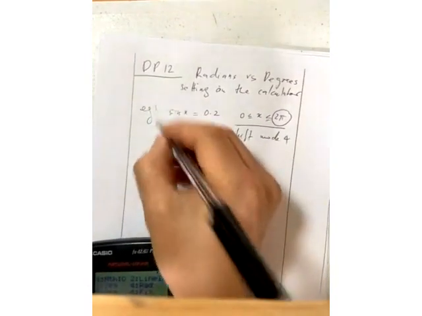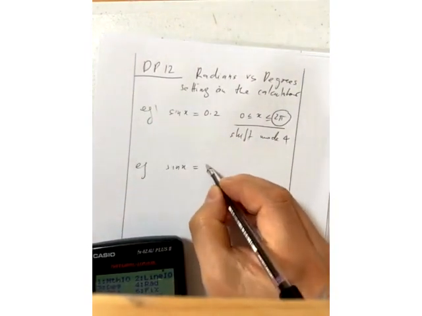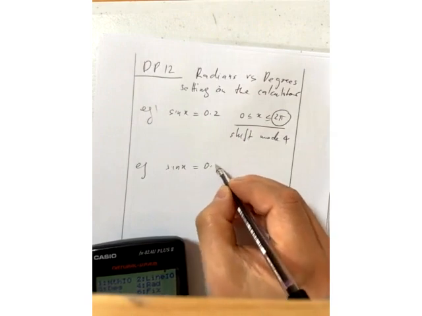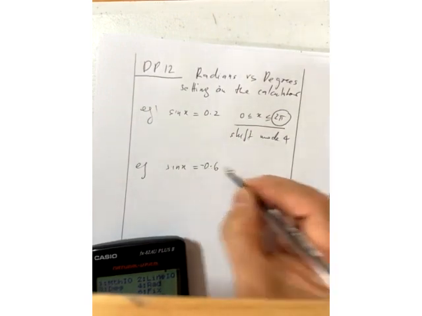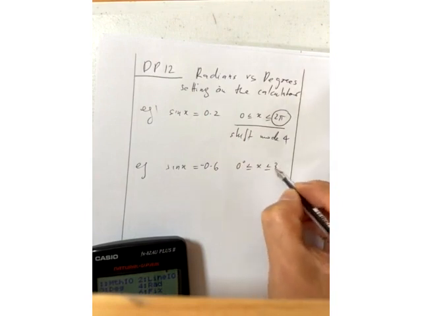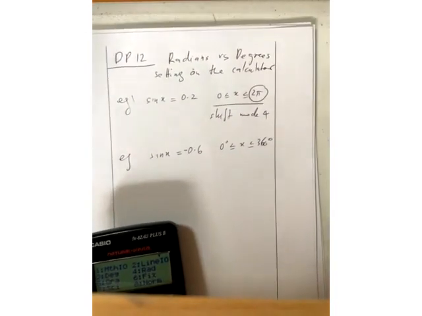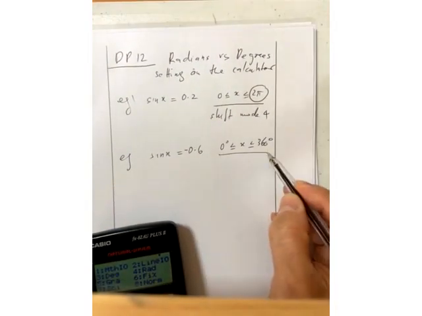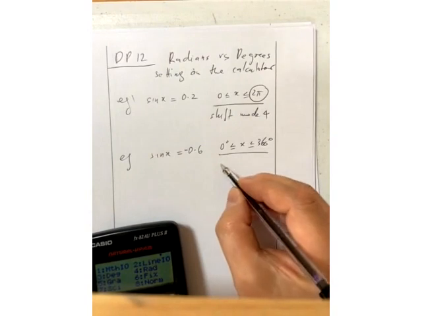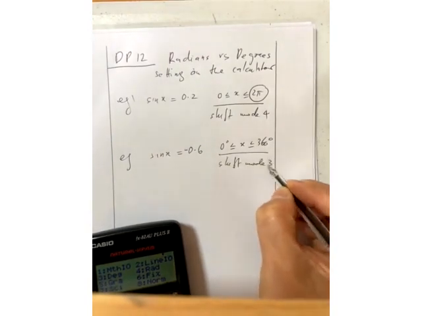On the other hand, if you have your sine X is equal to, again, 0.6, let's say, for argument's sake, we'll put negative there, and your X is bounded by that, so this time it's in degrees, then that means you have to change this into shift mode 3.